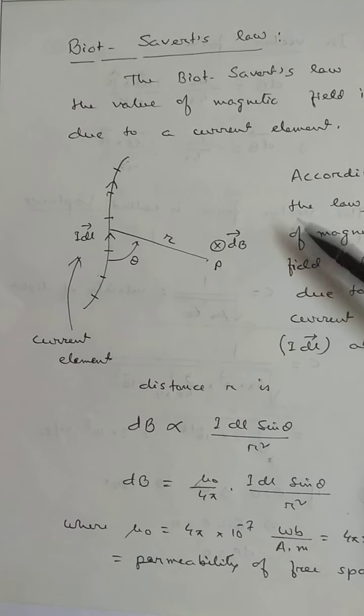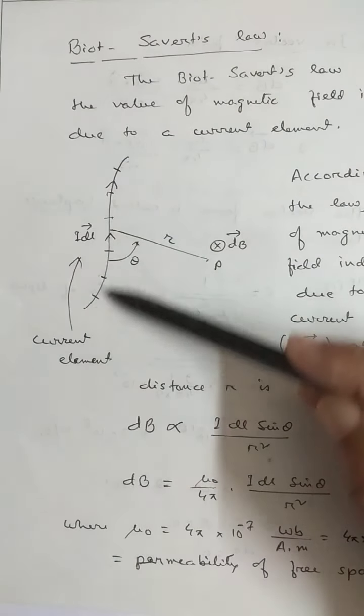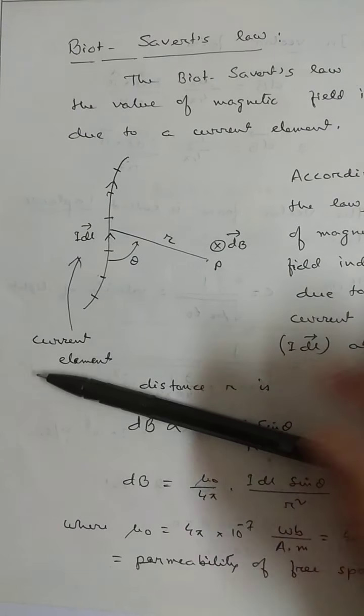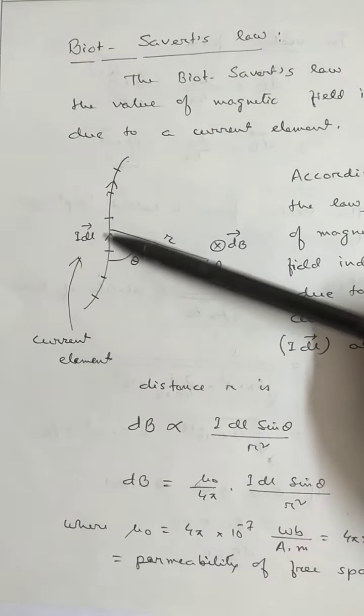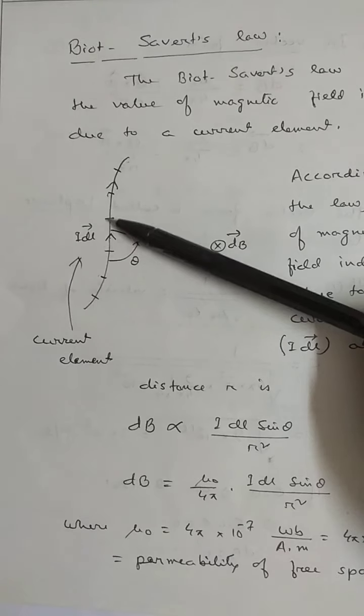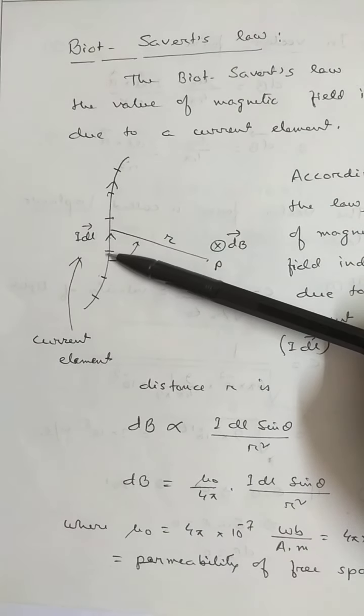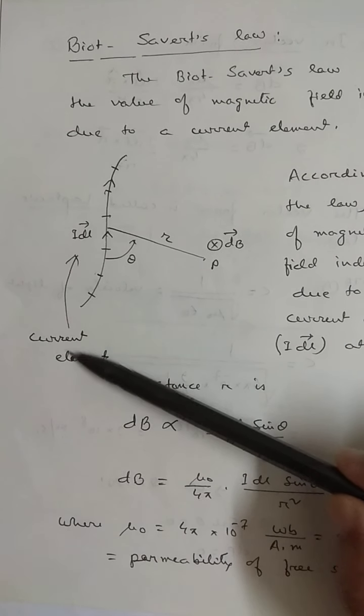What is the procedure? Instead of considering the entire wire, we consider a very small section of the wire. That means we cut the wire into small pieces, each of length dl. This small piece through which the current flows is called the current element.